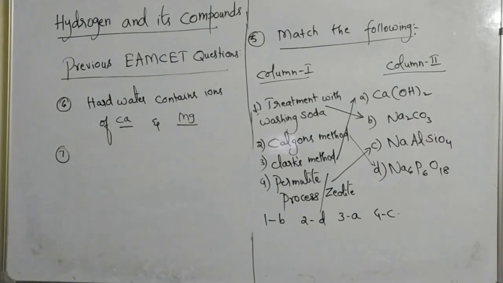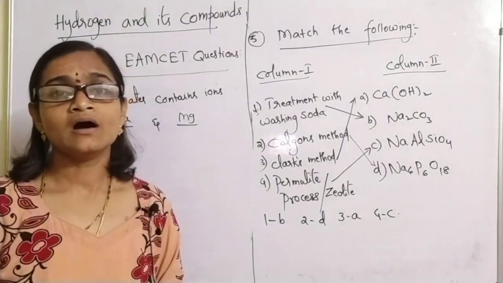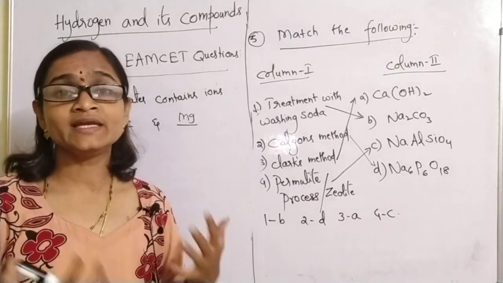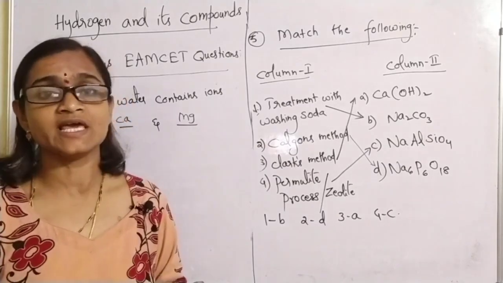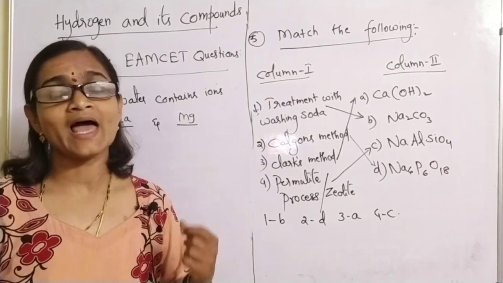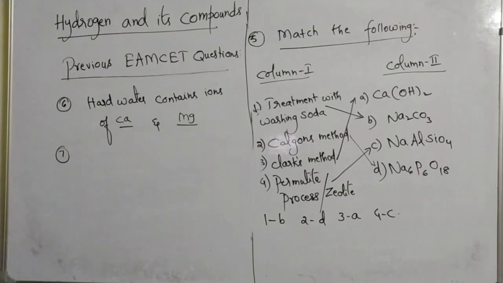With reference to the redox properties of hydrogen peroxide, which of the reactions are feasible? Feasible reactions, redox reactions. Hydrogen peroxide can act as a reducing as well as an oxidizing agent. So if any equations are given to you, in what way does hydrogen peroxide act? I will give one example, not all 4 reactions.